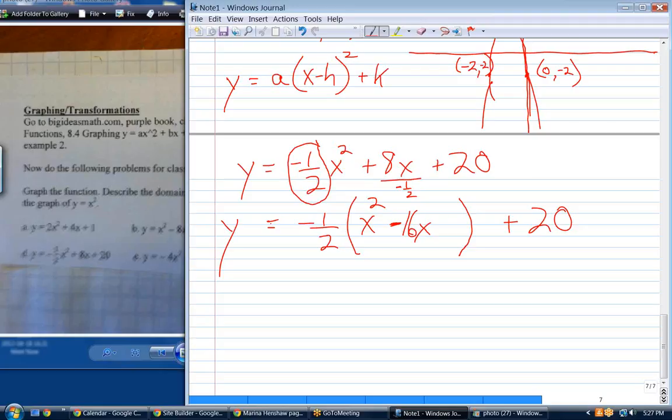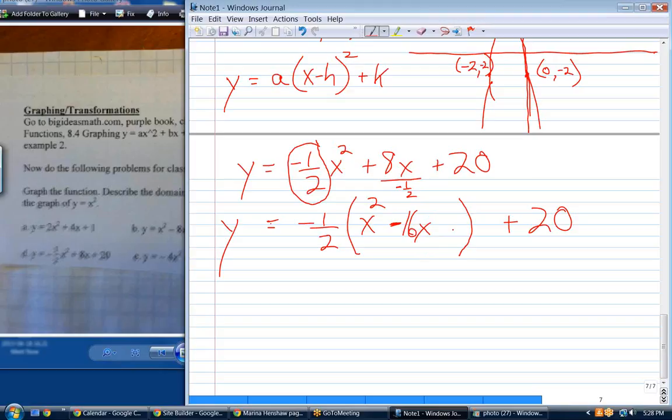Okay. How do I complete the square in the middle? Subtracting 4. Remember, I take half of this coefficient. Oh, yeah. It's called completing the square because I take half of that and square it. Subtracting 64.